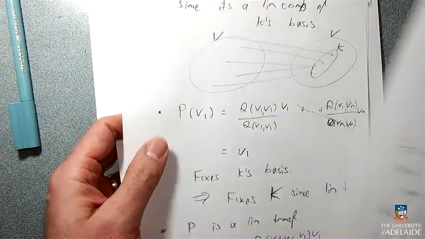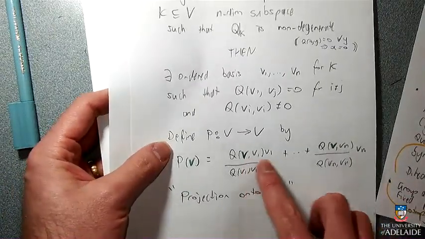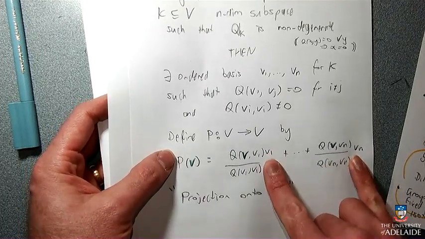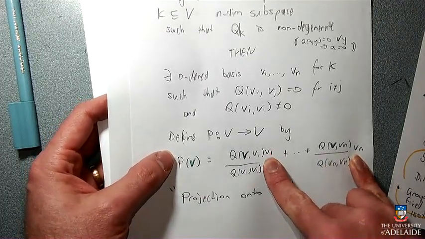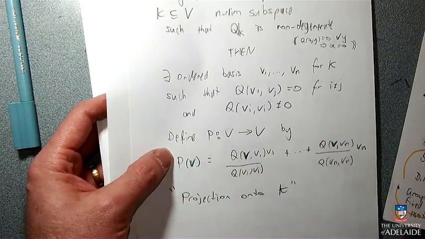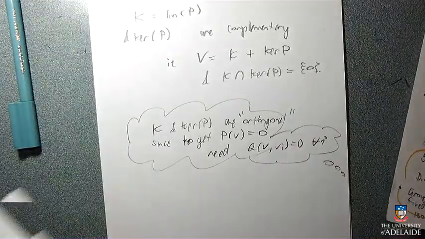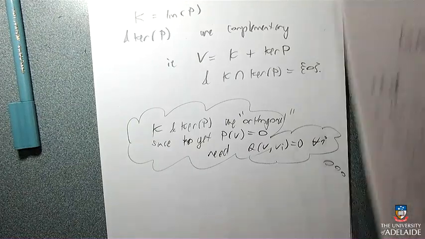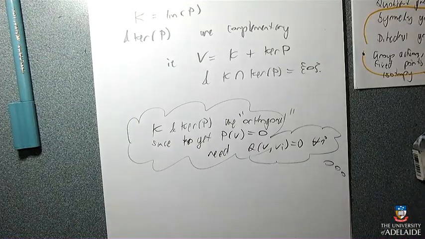It'll come out to something that's not the zero vector if any one of these isn't 0. Because you can't make a combination of those V's to be 0 without them all being 0 because they're independent, because they're a basis. Does that mean V minus its projection, because it's in the kernel, is equal to 0? No, it's just when you do Q of it and something in K, you get 0. Yeah.